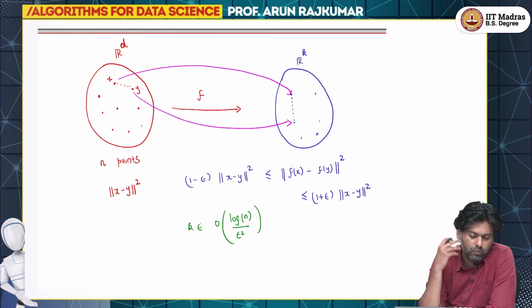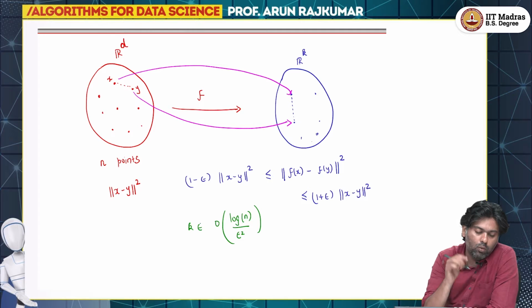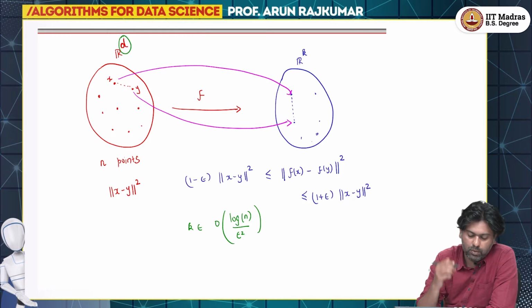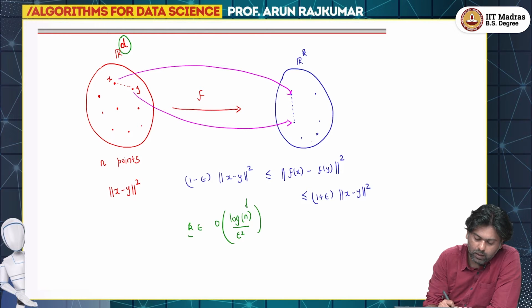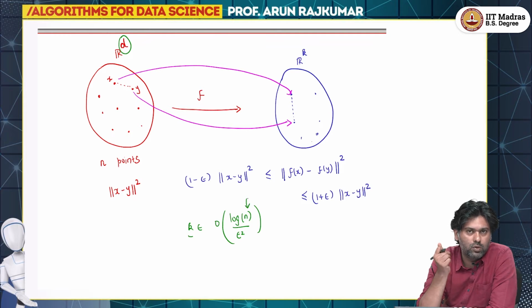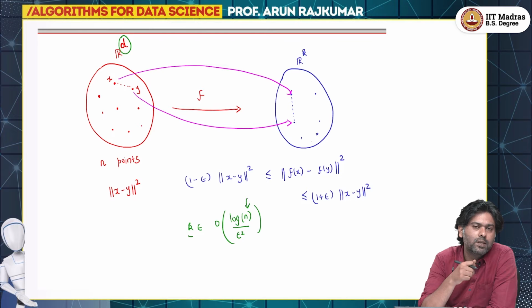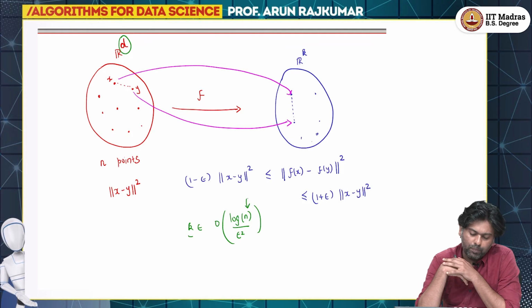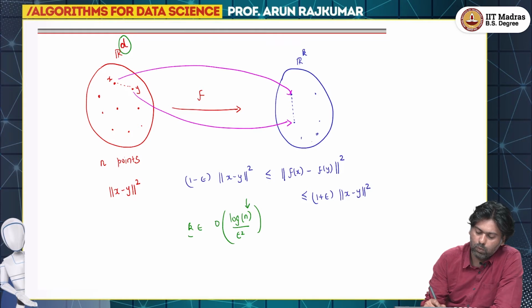Now last time we spoke about how this is an interesting mapping, because what really matters seems to be not the original dimension d, but the number of points in this original space, because k depends only on n and epsilon squared, where n is the number of points for which we wanted to preserve pairwise distances, and epsilon is the accuracy with which we want to preserve it.